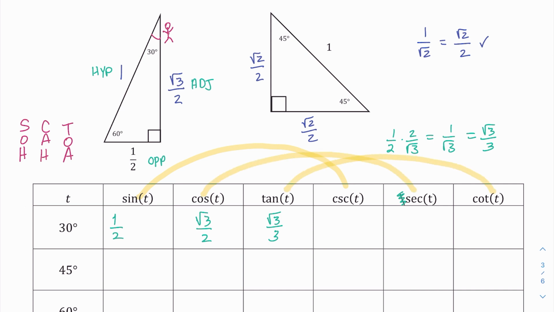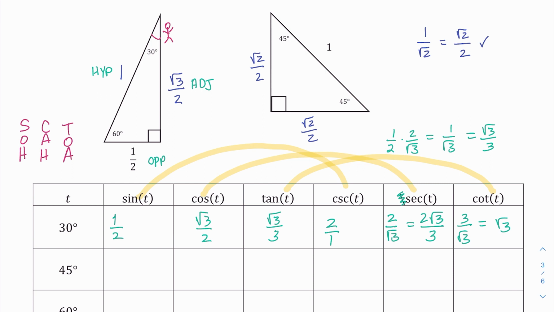So for cosecant of 30 degrees, I take sine of 30 degrees and flip it, right? Find the reciprocal. For secant, I'm going to take the cosine value and do 2 over √3. Rationalizing the denominator gives me 2√3 over 3. And for cotangent, I get 3 over √3 to flip that. But again, rationalizing that denominator is just going to give me √3.